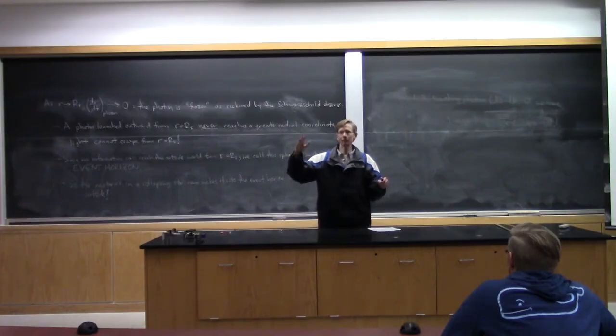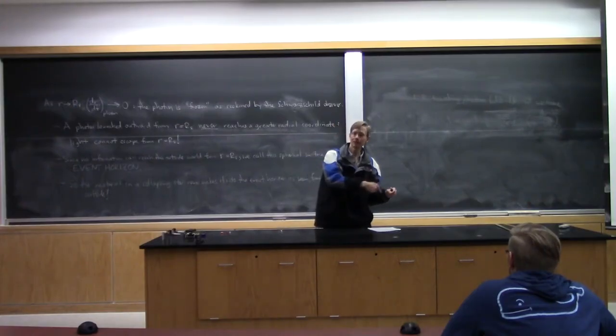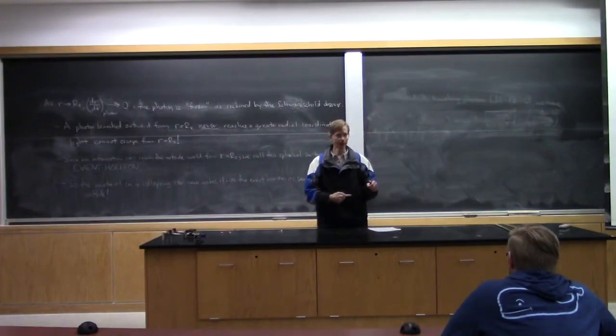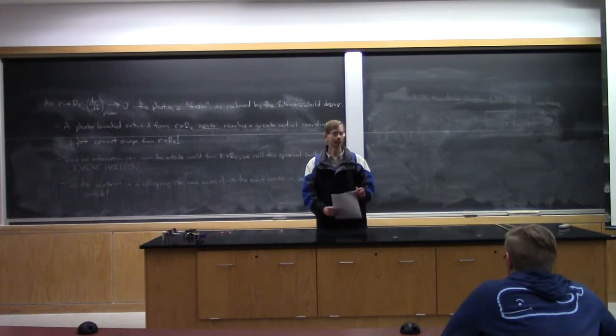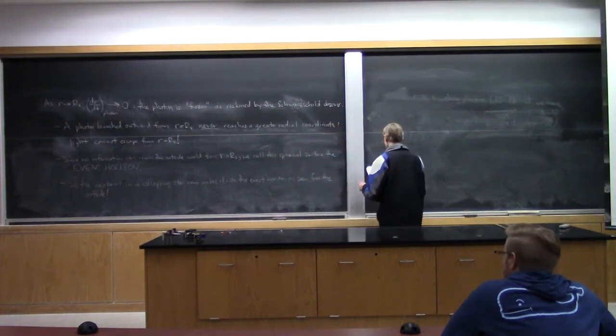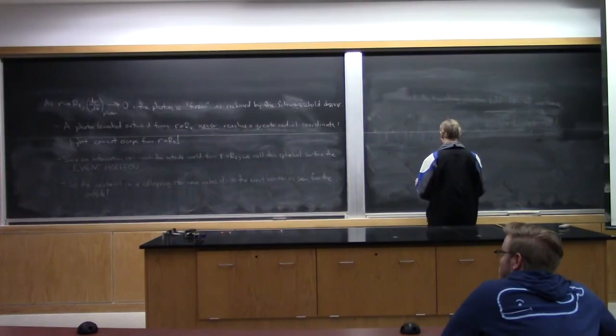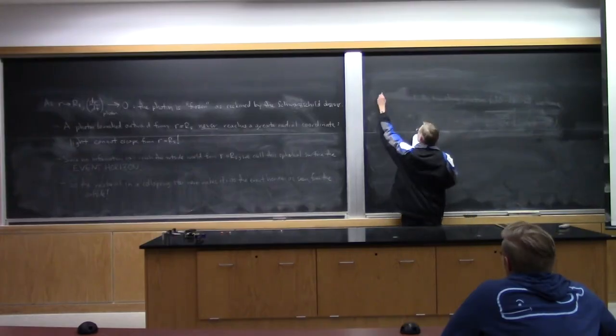Which maybe it's firing rockets to keep from falling through the event horizon, or it's held by rigid rods if it's not too close. In any case, a shell observer is just essentially somebody who has a constant value of R. What does a shell observer obtain for the speed of light?